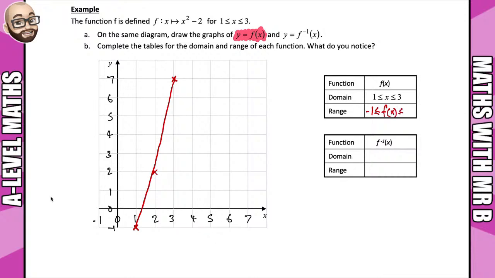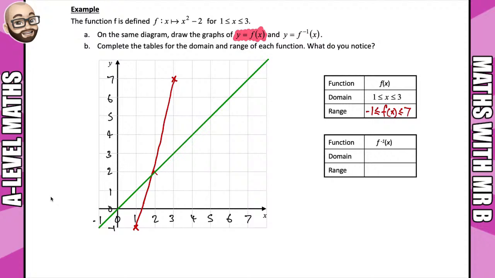I'm now going to draw the y = x line so that I can then reflect in that line. That doesn't look too bad at all. Now if I try and reflect the red line through the green line, that will get me the graph of the inverse function.